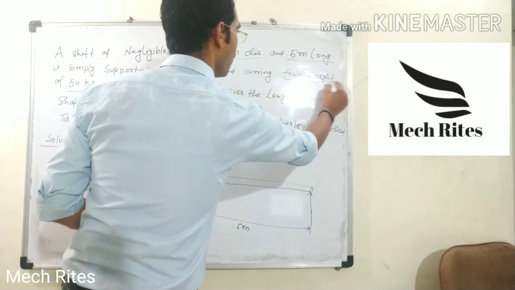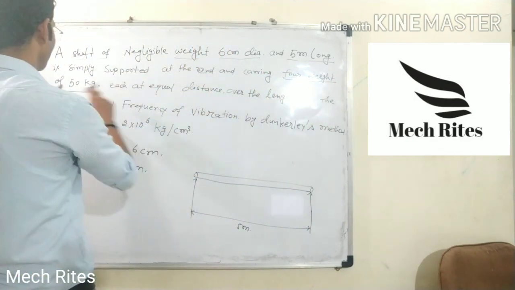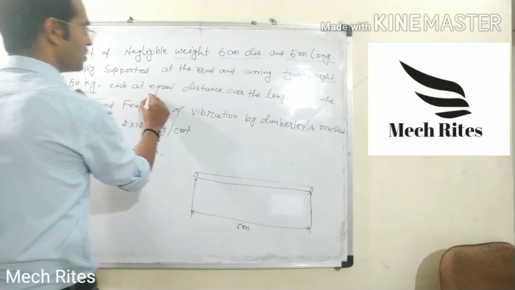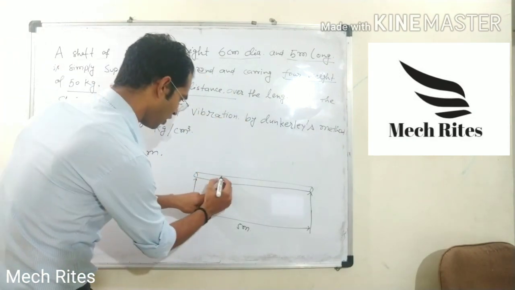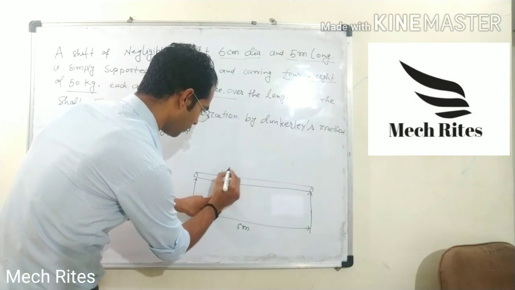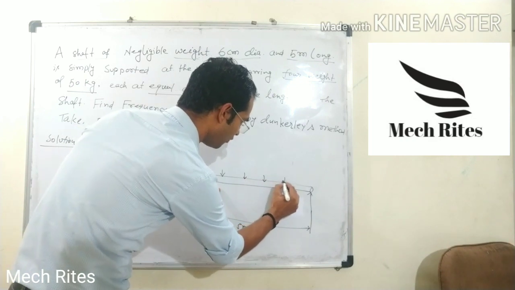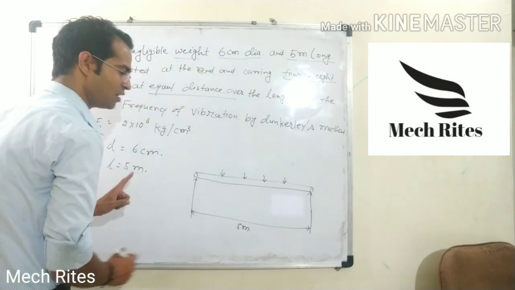And 4 weights of 50 kg at equal distance here. So first of all, 1, 2, 3 and 4, and everyone has equal distance.